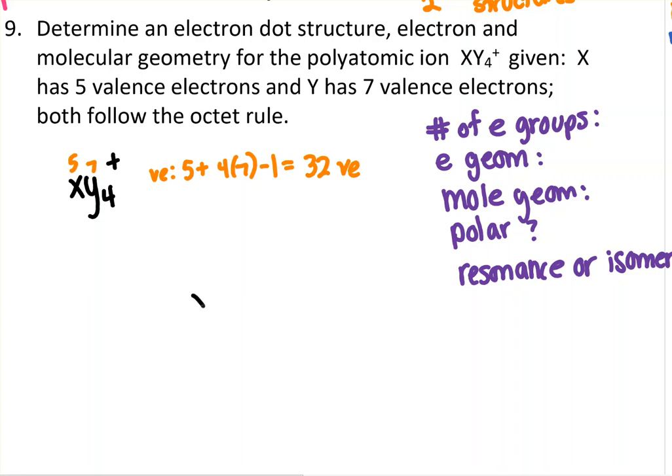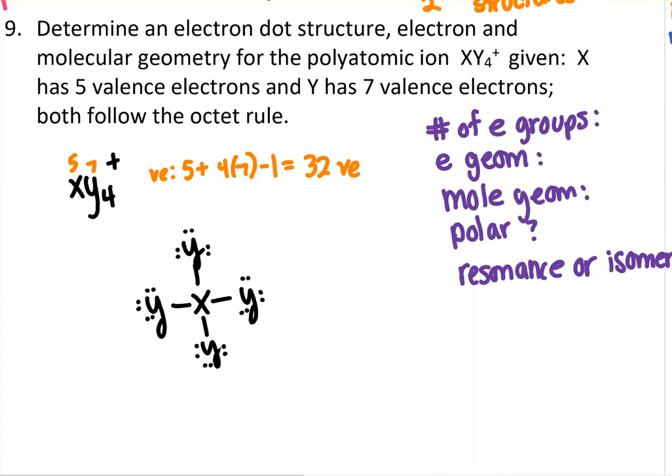I'm going to start my structure with my different one in the middle, and I'll start with all single bonds. Then I'm going to start putting these electrons, always put on the outside first. And once I get all of my outside atoms with their octet, I count.